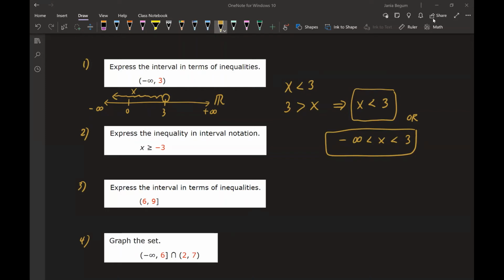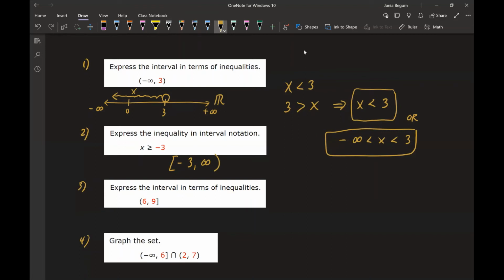Okay, moving on to the next one. Answers in the chat. -3 bracket infinity. So I saw this one. Anyone else?